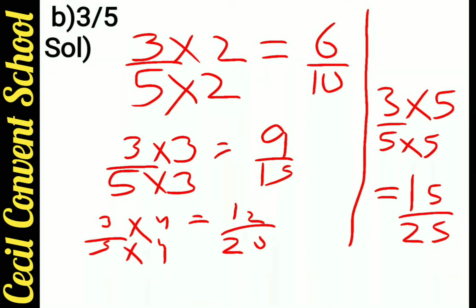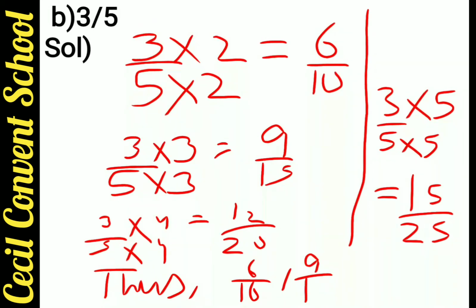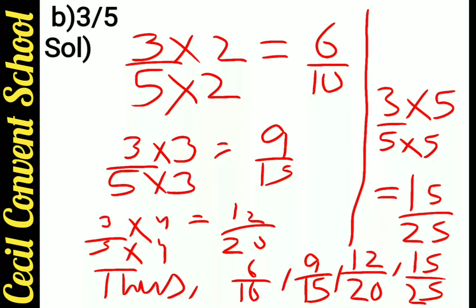So for equivalent fractions, you have to write like this: then you write all the fractions, 6 by 10, then 9 by 15, then 12 by 20, then 15 by 25. Clear?